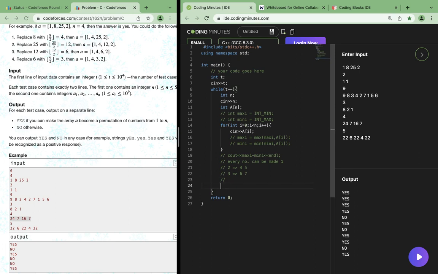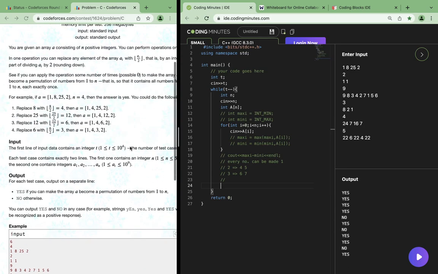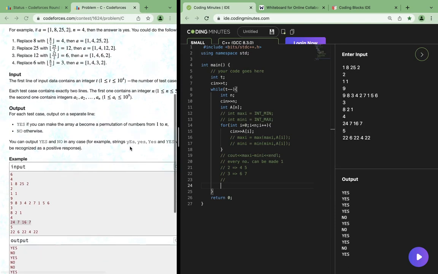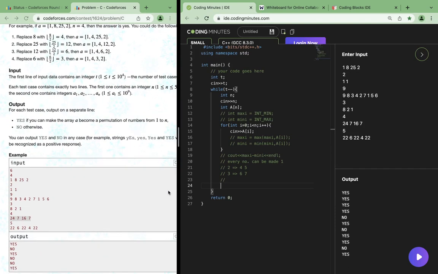So we are gonna take the length. So length is n, obviously, and what do we do? What do we do?